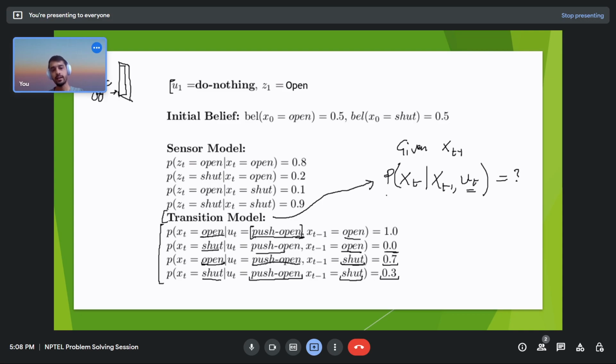And what do you do with this information? Initially you have some beliefs. Beliefs are basically a probability, the probability of a variable, and here your variable is a Boolean variable that tells you if the door is open or not. We denote this by x0.